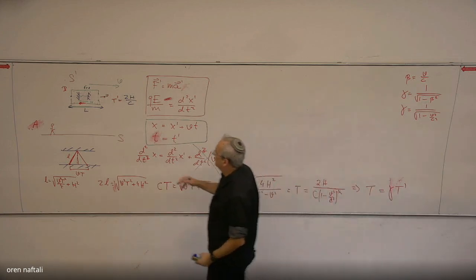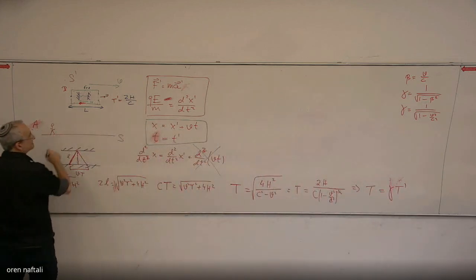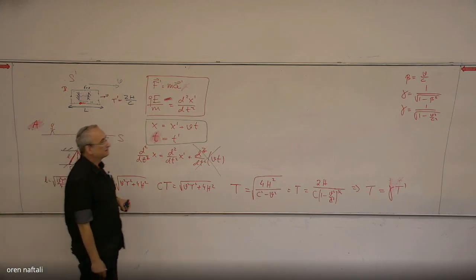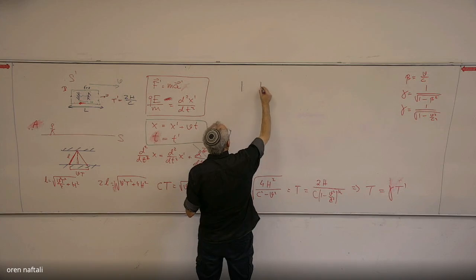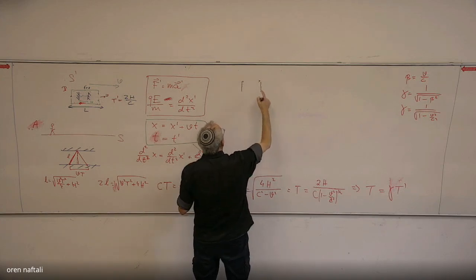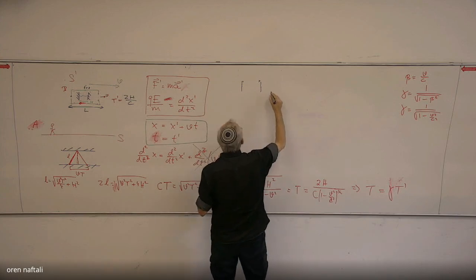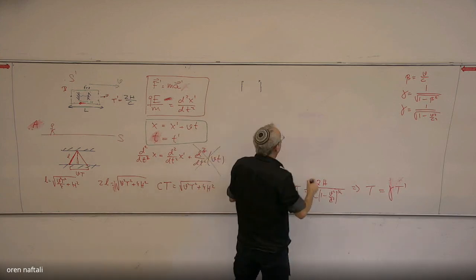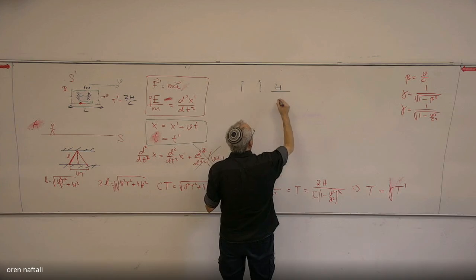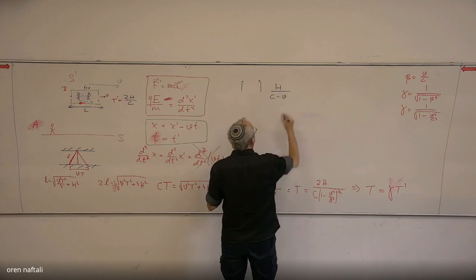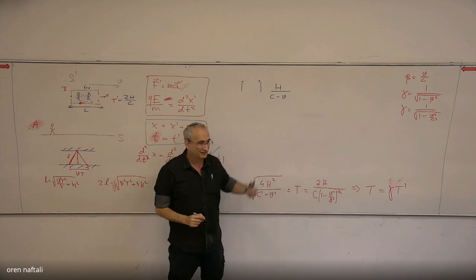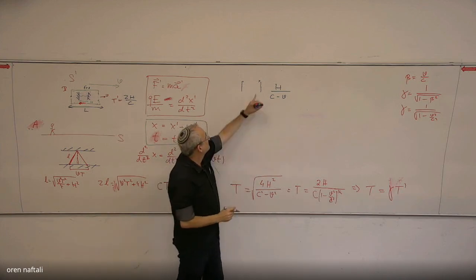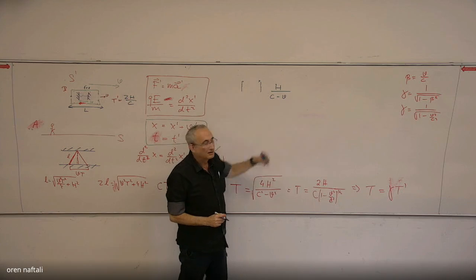But what happens from the point of view of Mr. A in the static frame S? Now the time required to go from this point to that point will be h divided by c minus v, because the relative velocity is c minus v, right? Light moving at velocity c, and this side is moving at velocity v.